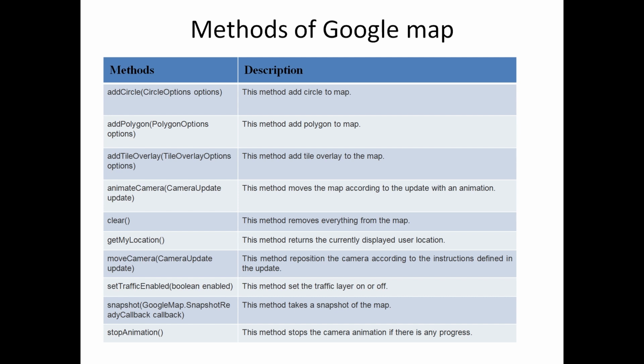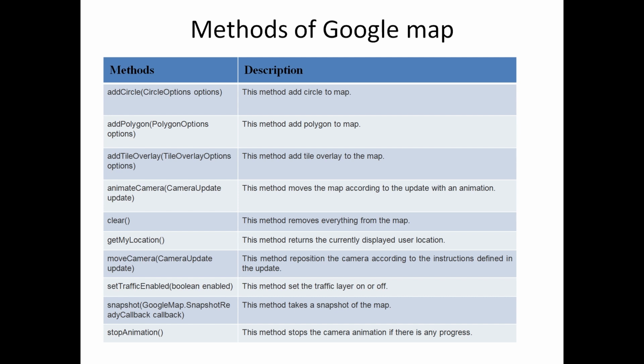Next is addPolygon, with PolygonOptions, which adds a polygon to the map. Then addTileOverlay, with TileOverlayOptions, adds a tile overlay to the map. animateCamera is used to update the camera, that is, it moves the map according to the update with an animation. Then clear removes everything from the map.